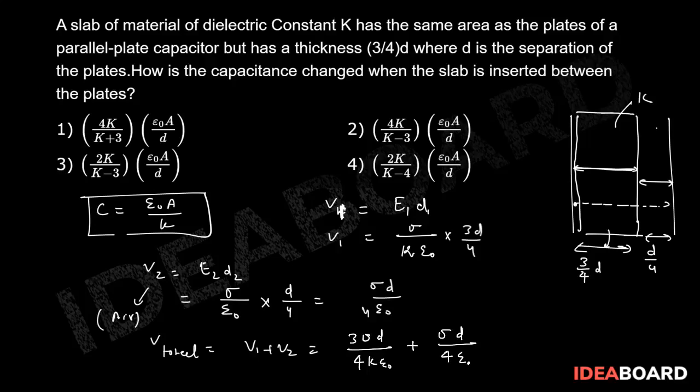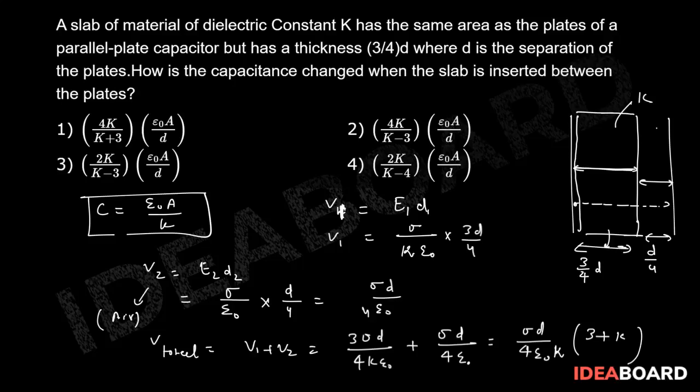Now we can take sigma D by 4 epsilon naught common, and if we take K also common, we get 3 plus K, over K, as the V total.